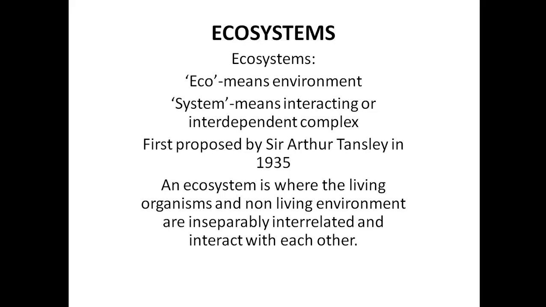There will be living organisms also, and they are inseparably interrelated. That means they are connected with each other, and at the same time they interact with each other. Inseparable means that one cannot live without the other, especially the living organisms cannot live without the non-living part of the environment.